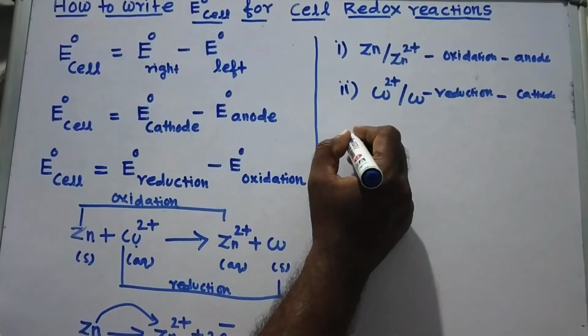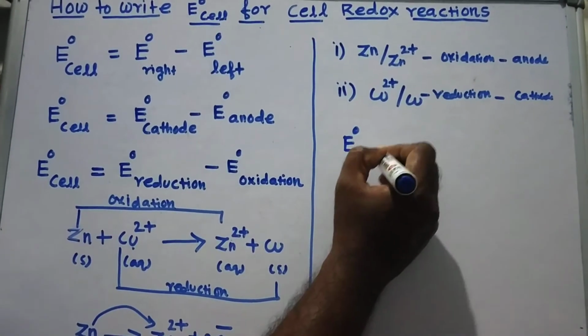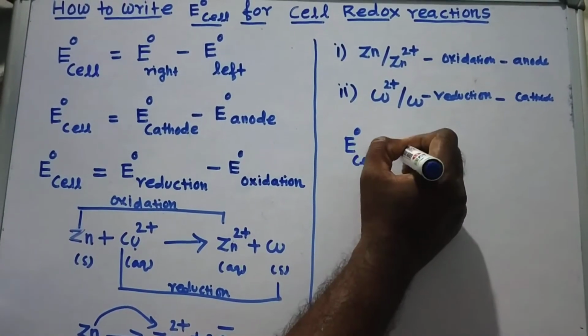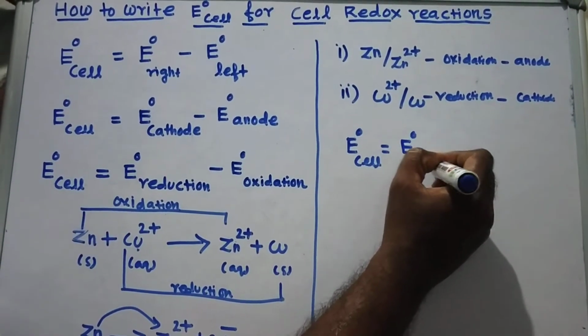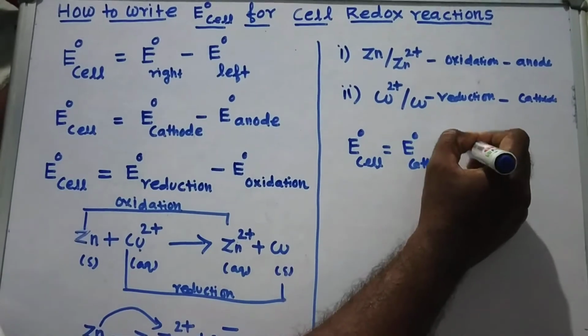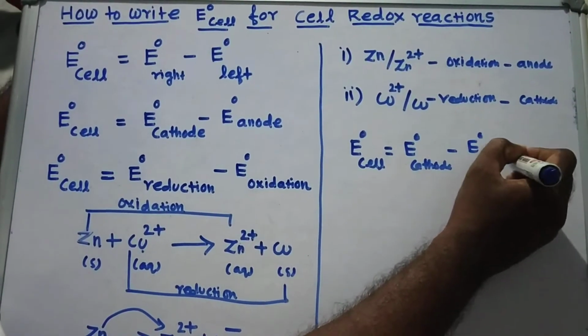So, E naught cell is equal to E naught cathode minus E naught anode.